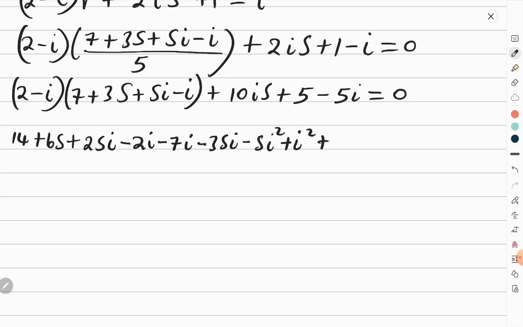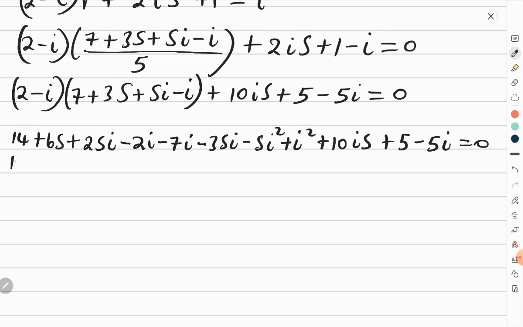So then plus 10si, then plus 5, then minus 5i is equal to 0. So we have that now. And let's now do the simplification by collecting the like terms, if there are any, and identifying those numbers that are real.